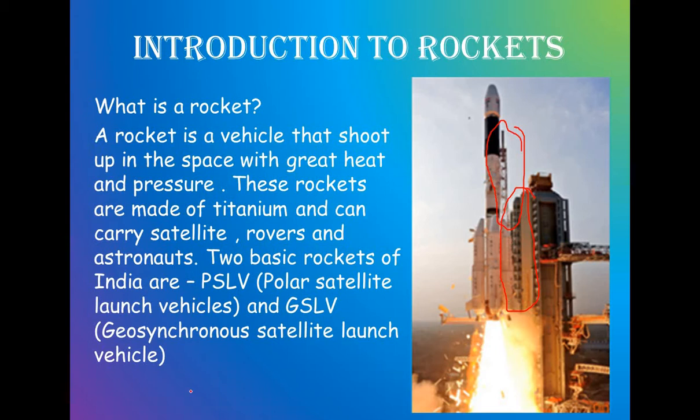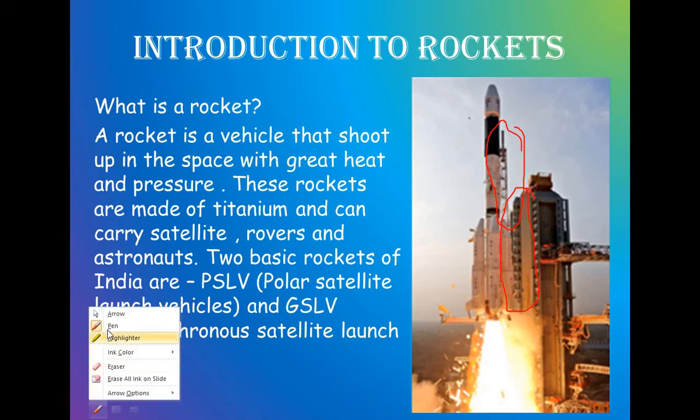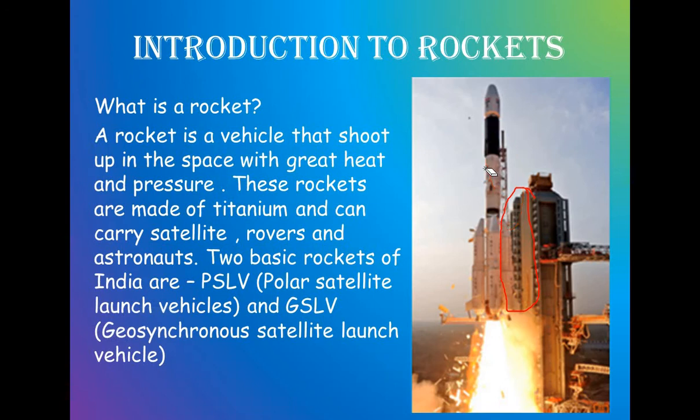So this rocket is attached to this stick. And what is this? A launch station. This launch station is first of all used to carry a rocket from one place to another.